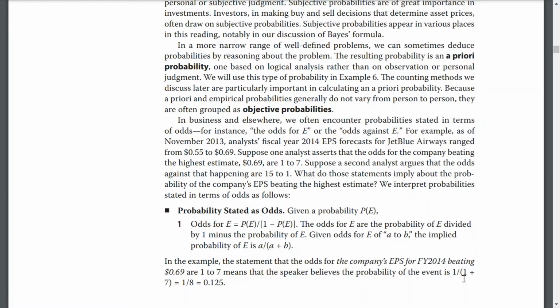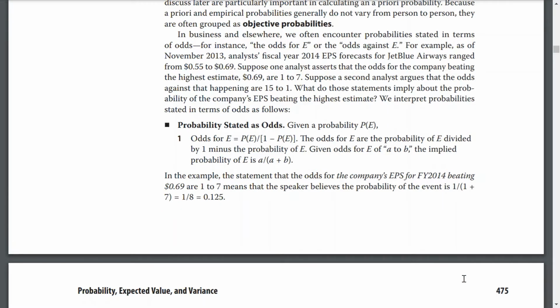We interpret probability stated in terms of odds as follows. Given a probability P(E) for event E to occur, the odds for E are P(E) divided by 1 minus P(E).